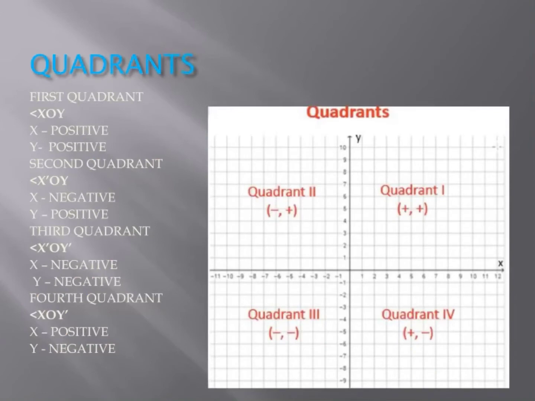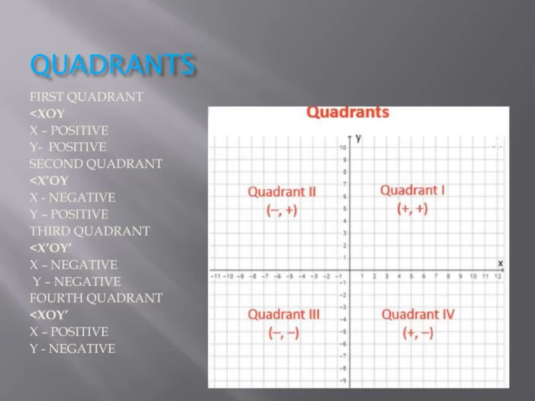So students, we know that coordinate plane is divided into 4 quadrants. The first quadrant is represented by angle XOY. In the first quadrant, value of x is positive and y is also positive. So an ordered pair in which both x and y are positive will be lying in the first quadrant.